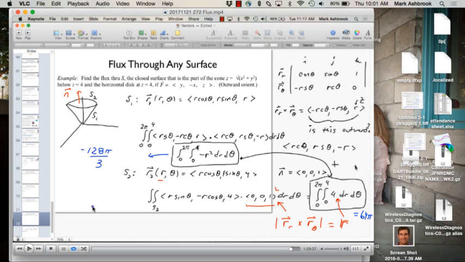And so the total surface area is 64 pi minus 128 pi over 3, whatever that is. Not surface area, total flux, right? Total flux then, F dot dS, is 64 pi minus 128 pi over 3.